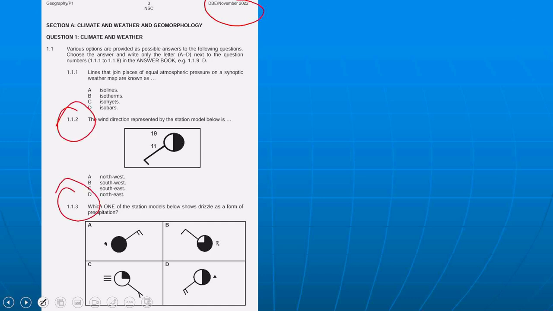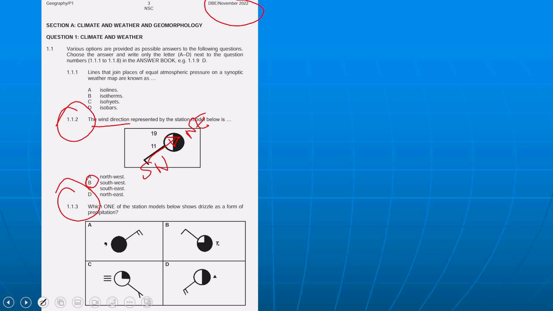Remember, we spoke about the long lever, which is this one, and we said the wind blows into the weather station. So let's look at the question, wind direction. So this one is from the southwest, it is going to the northeast. So it is a southwest wind because a wind is named according to where it comes from.